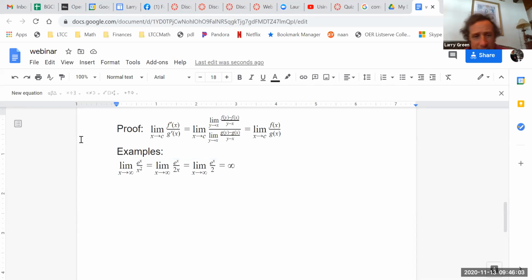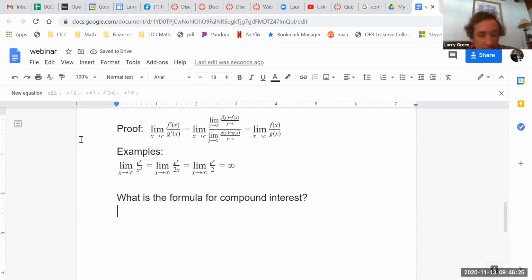All right, now comes an application problem example. Let's see, can any of you remember the formula for compound interest? Any remember?